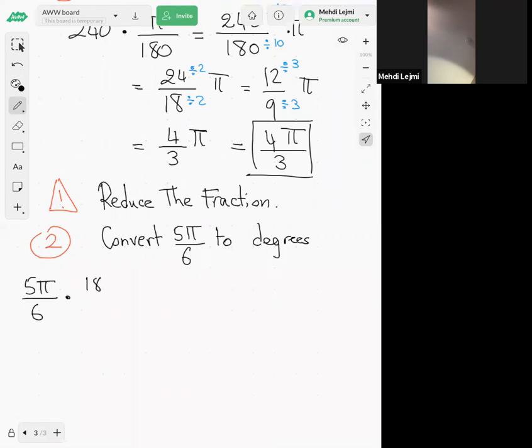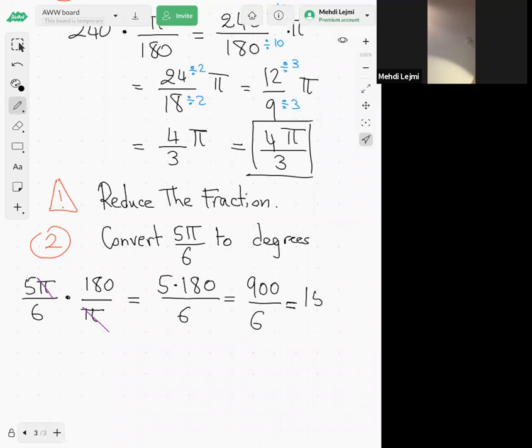So it's 180 over pi, right? The pi, of course, cancel out. This pi here in the top, there's the pi in the bottom. They cancel out, and then you're gonna have 5 times 180 over 6. So that will be equal to 900 degrees over 6, and 900 over 6, that's actually 150.